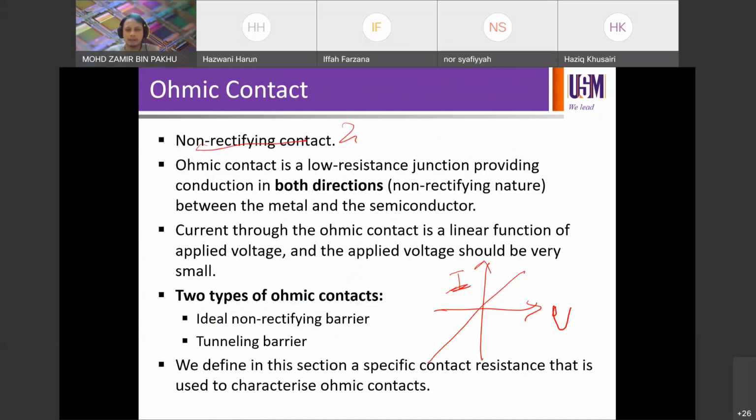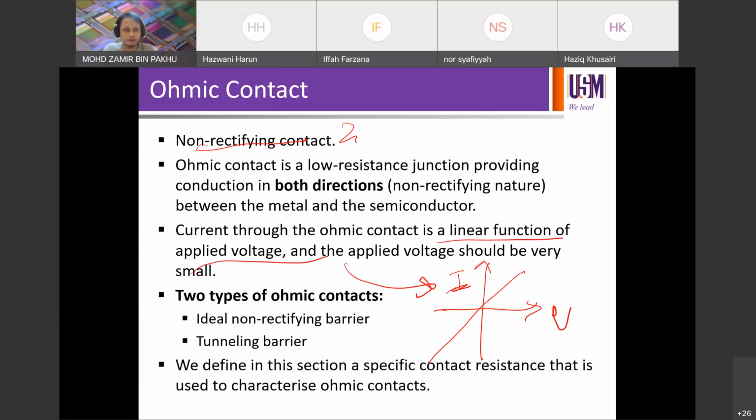Ohmic contact is a low resistance junction. Schottky is high resistance, while ohmic is low resistance, providing conduction in both directions, non-rectifying in nature between metal and semiconductor. The current through the ohmic contact is a linear function of the applied voltage, as can be seen here, and the applied voltage should be very small.